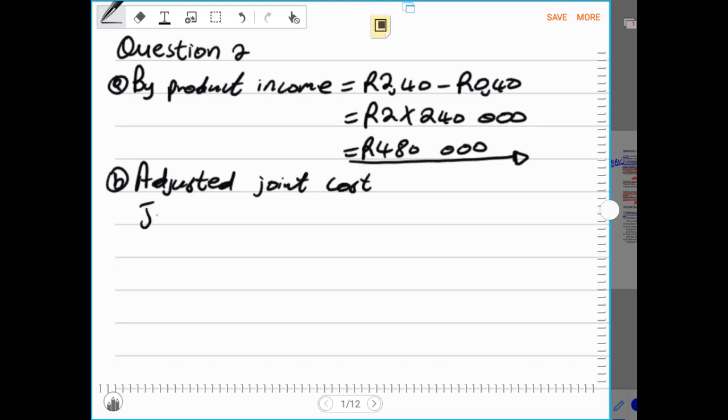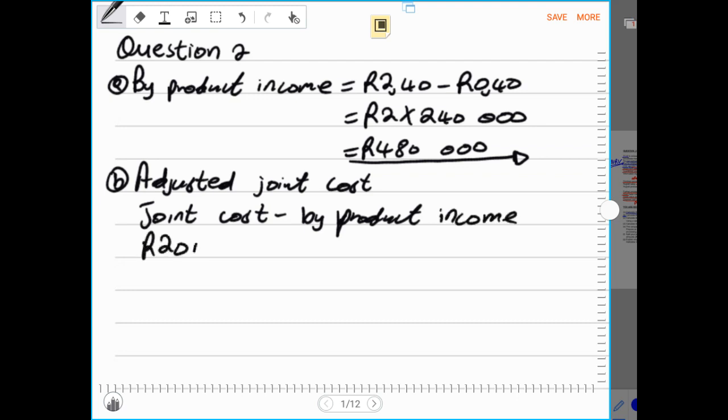Our adjusted joint cost will be the joint cost that we have minus byproduct income, and our joint cost is 2,015,000 rands, and our byproduct income is 480,000 rands.